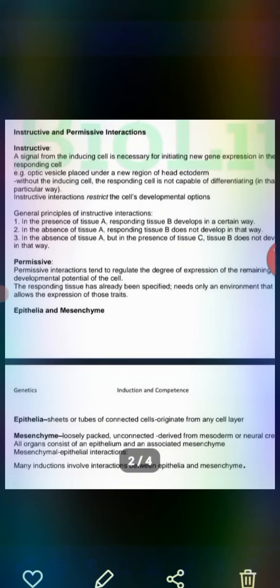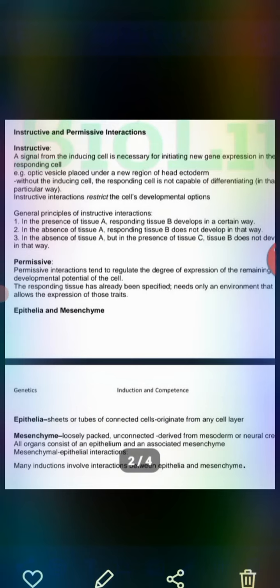In the case of the permissive interaction, there is no need for signals via induction. No signals, and no inductive reactions take place, and it needs only a favorable environment to develop. In order to develop the organs, there is a need for a favorable environment, not signals or induction interactions.